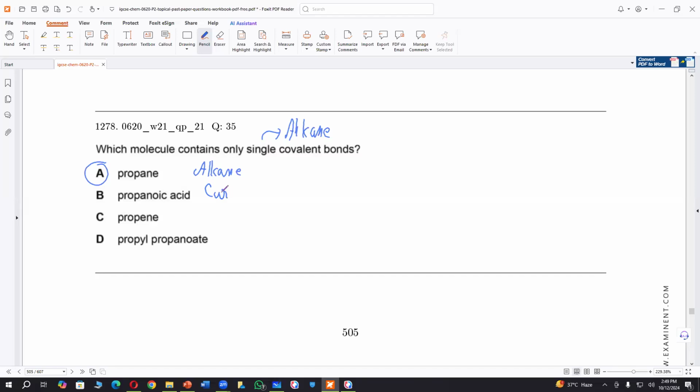This is what? A carboxylic acid. What is this? The alkene, and the last one is an ester. Yes, very good.